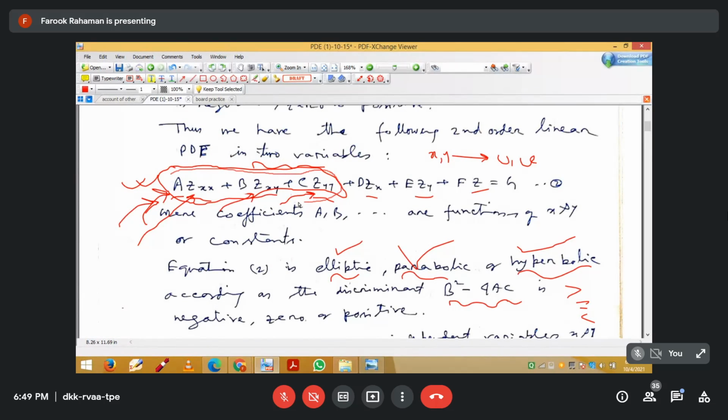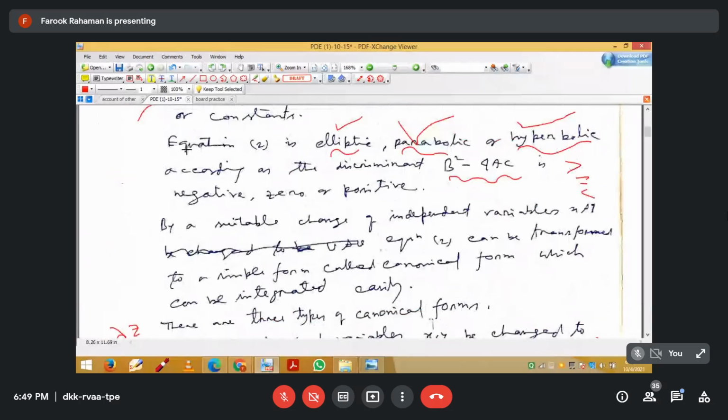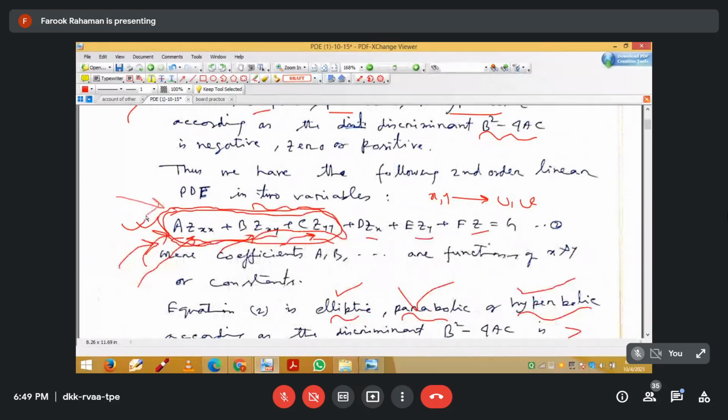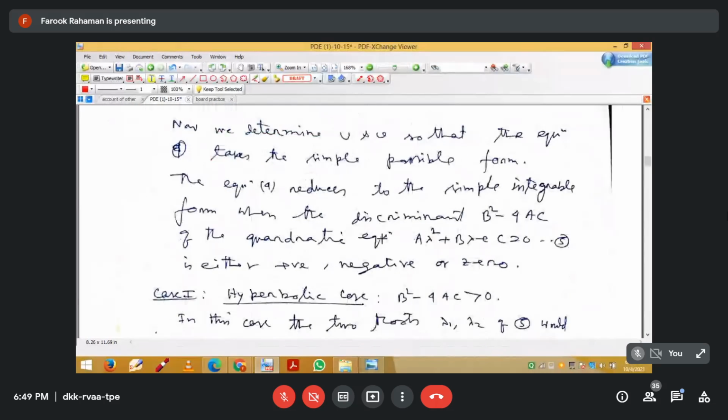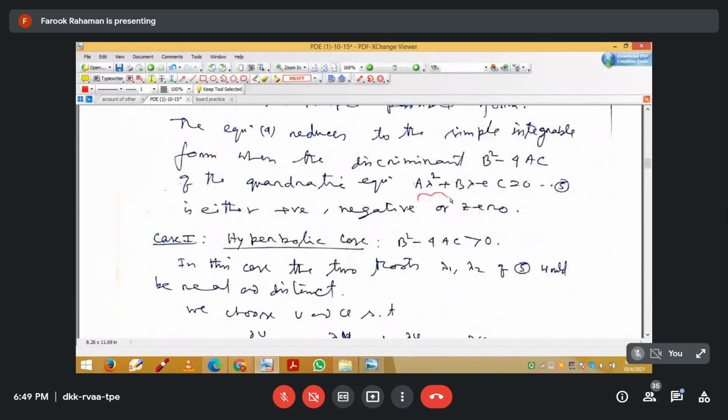From this one can easily construct a polynomial equation of second order like this, using the coefficients a, b and c. So from the given equation one can easily write down a polynomial equation of degree 2 by using the coefficients a, b and c.